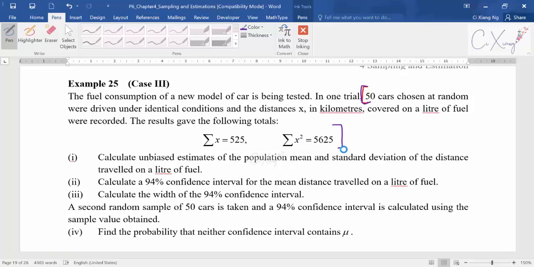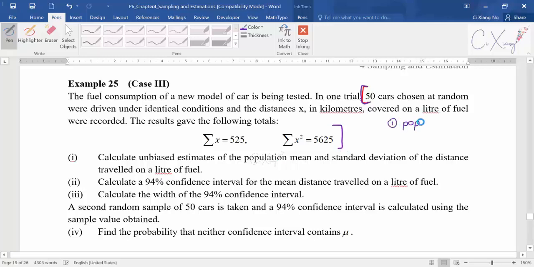Second, you don't see anything about population variance, so the population variance is not known, because they didn't mention anything. And the sample size is large. Therefore you know that it belongs to case number 3.